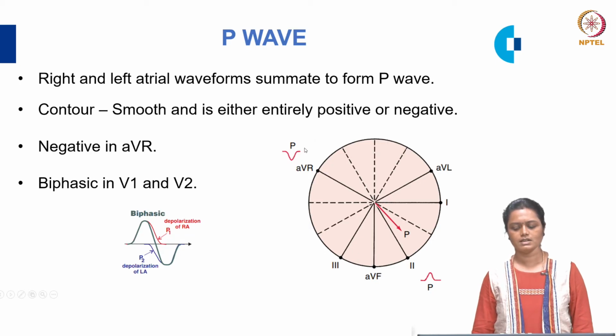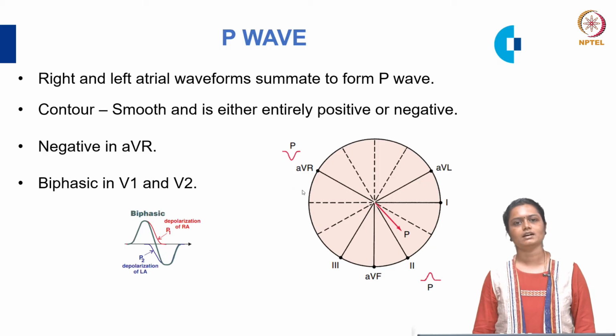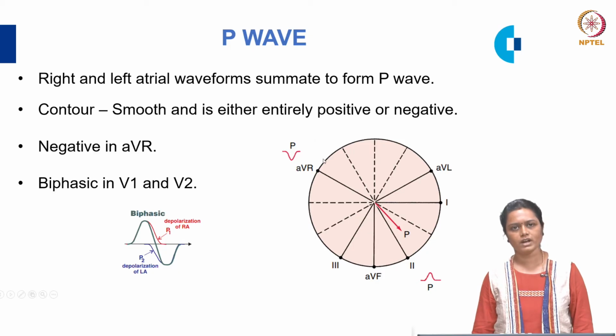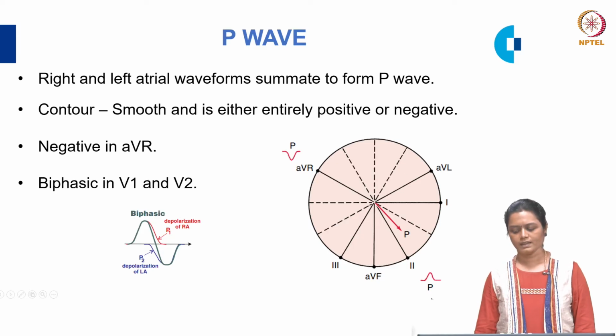This is because the lead AVR is oriented horizontally and to the right of your shoulder, and the electrical activity that arises from the sinoatrial node spreads towards the left, and that is why you have a negative P wave in the lead AVR, whereas in lead 2 your P wave remains always positive.